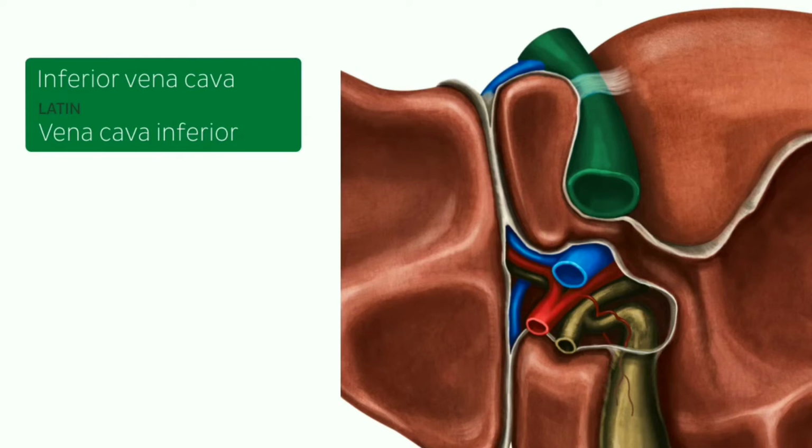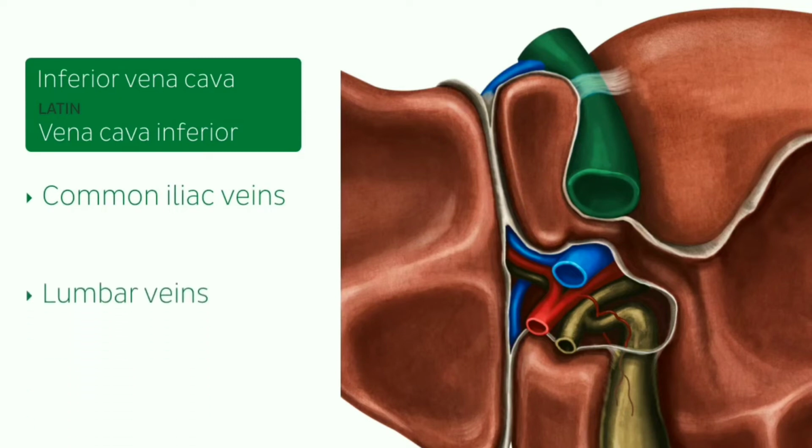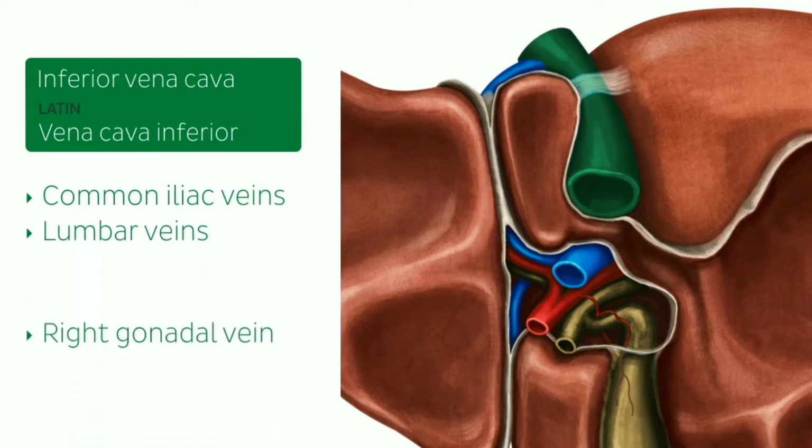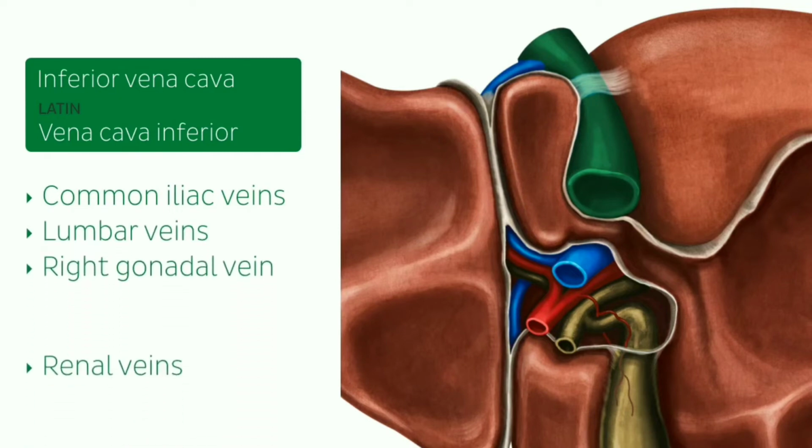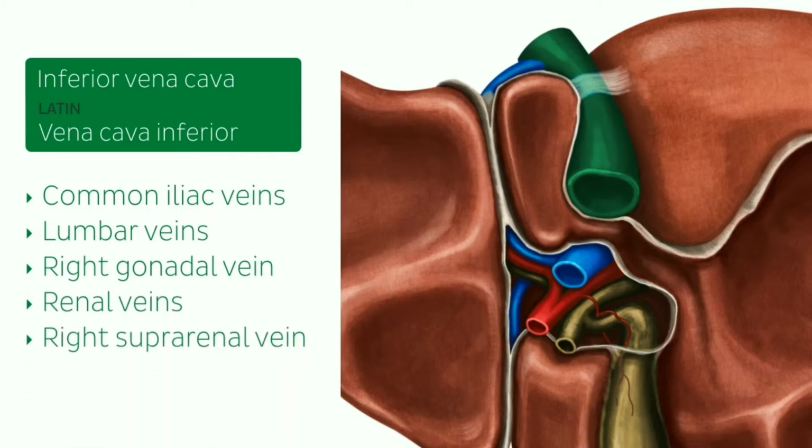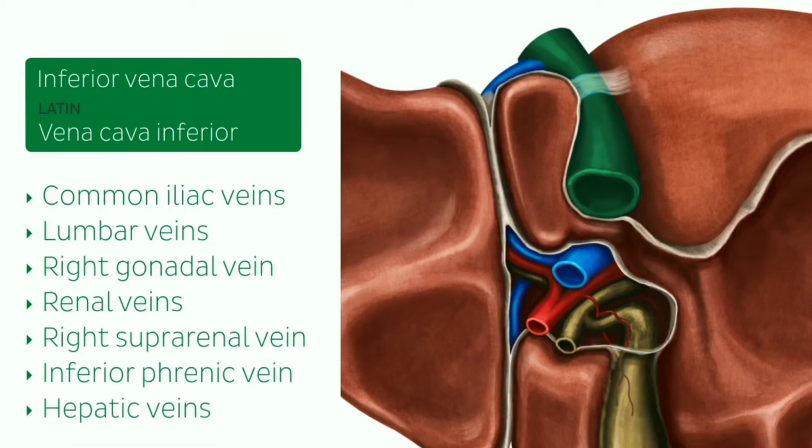It runs directly behind the liver and is firmly bound to its posterior surface by the ligament that we saw previously. The inferior vena cava receives tributaries from the common iliac veins, the lumbar veins, the right gonadal vein, the renal veins, the right suprarenal vein, the inferior phrenic vein, and the hepatic veins.